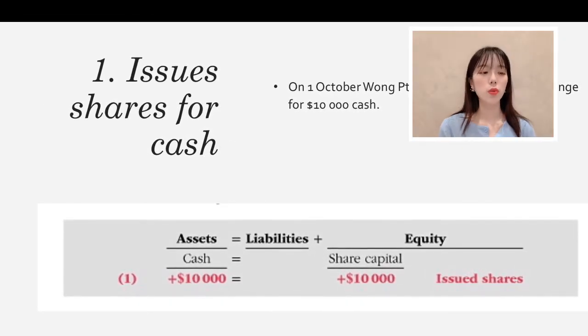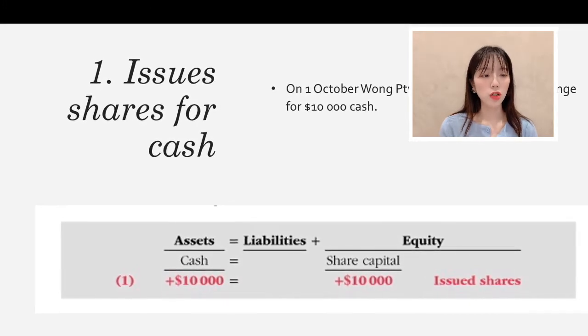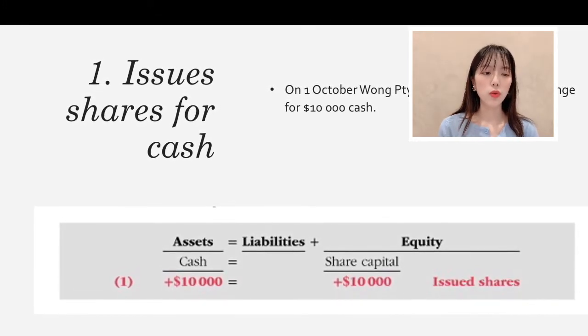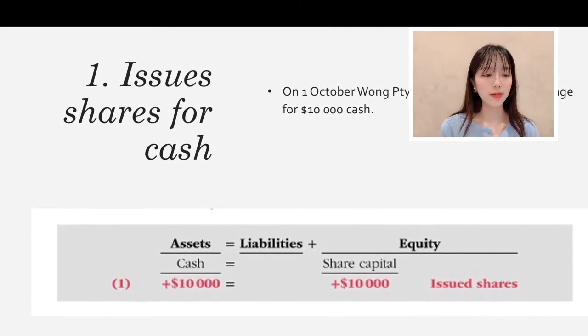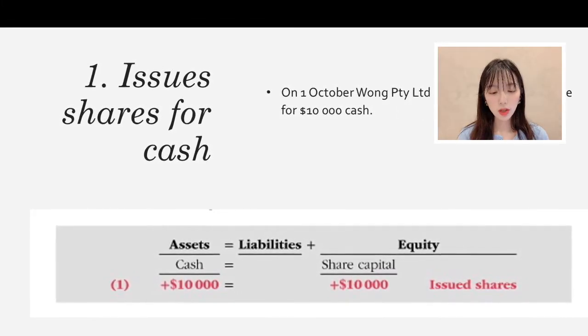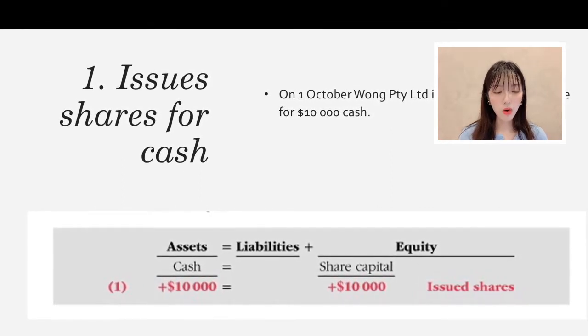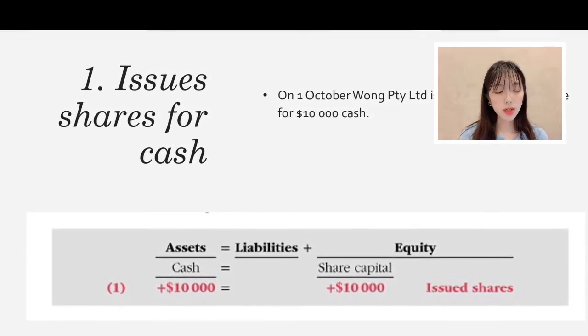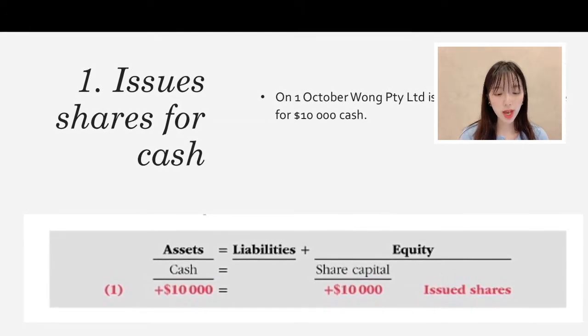Last part, we will use the transactions of One Limited for October to explain the recording process. Number 1, issue shares for cash. On 1 October, One Limited issues shares in exchange for 10,000 cash.